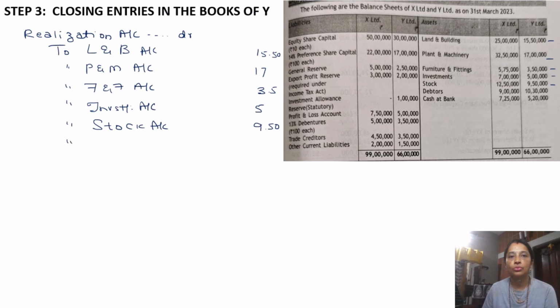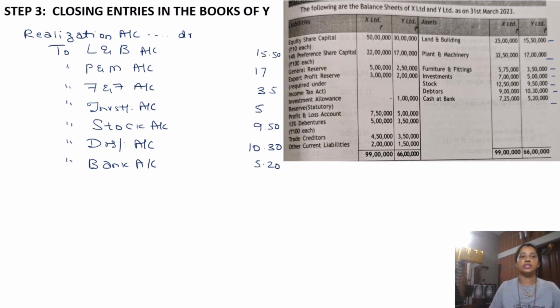Then to debtors account amount is 10,30,000, 10.3. Then to cash at bank, that is to bank account amount is 5,20,000. So we have taken all the assets. So all assets of Y is also closed, being assets transferred.